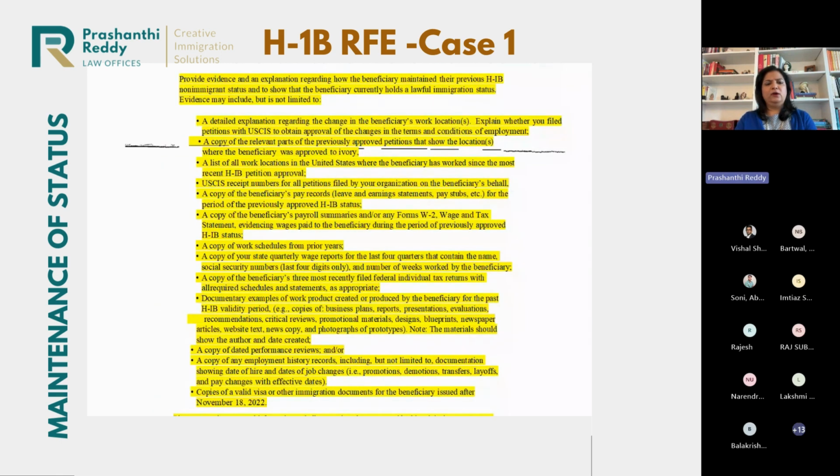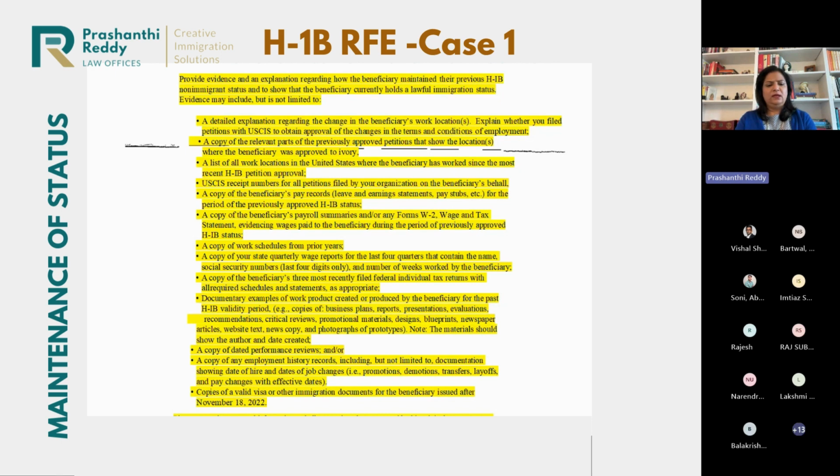So now they're asking for all this information: a detailed explanation regarding the change in work location, a copy of the approval to show that the new work location was actually approved by USCIS, any receipt numbers for petitions you might have filed asking for a change in work location, all your payroll documents, work schedules for the prior years, quarterly wage statements showing where the person worked, federal tax returns, work product information, performance reviews, everything.